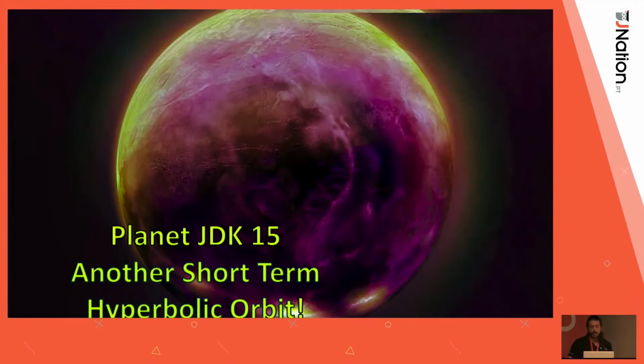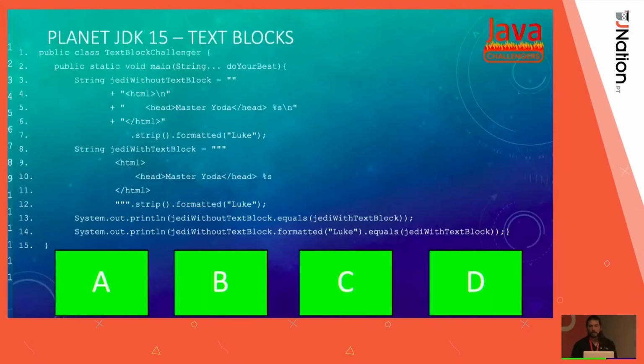Let's go to JDK 15. It's another short-term version, and this is the awesome text blocks feature. So why is it so cool to use this feature? Because you don't need to put a lot of plus signs in your code. This is very useful. I see this a lot in real applications. I see SQL code, and it's really ugly to me to see all of this SQL code concatenated with a lot of plus signs, which makes the code really unreadable.